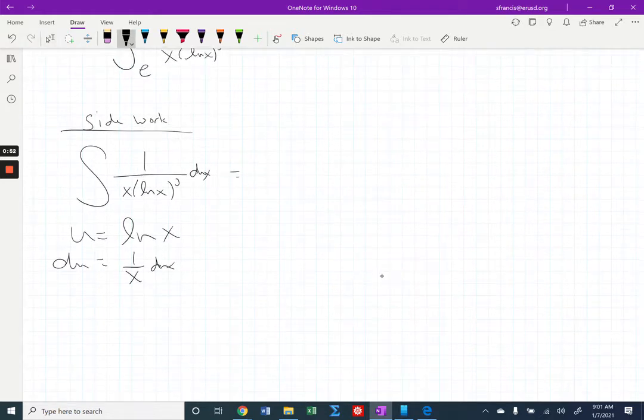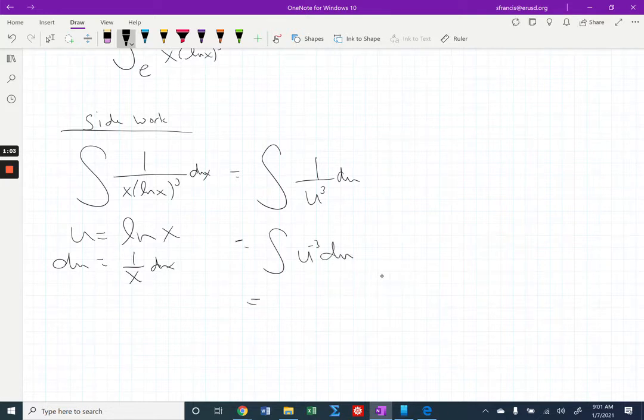So this is just the integral of 1 over u cubed du, or the integral of u to the negative 3, which we can just reverse the power rule, and we're going to end up with negative u to the negative 2. We have to divide by that negative 2, plus a constant, or just negative 1 over 2 natural log of x, quantity squared, plus c.